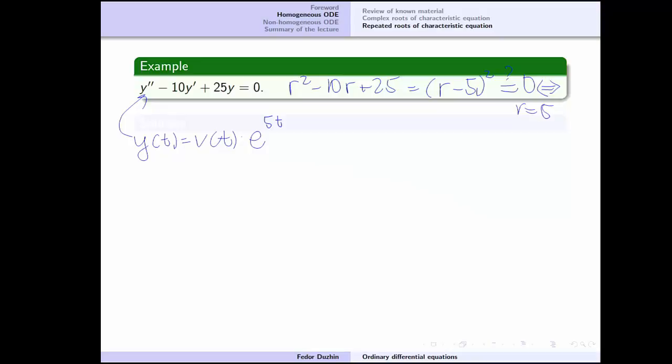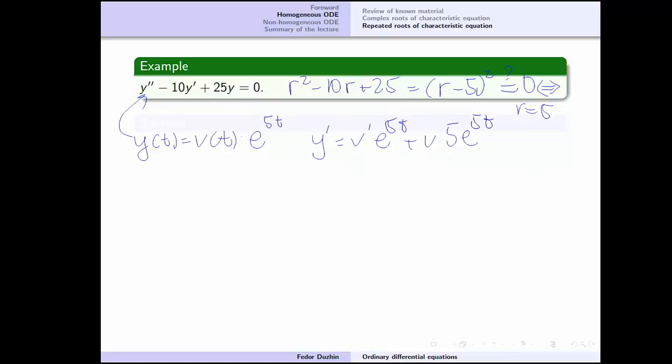Alright, so if y of t is v of t times e to the 5t, then y prime, I'm not going to write t anymore, by the product rule, is going to be v prime times e to the 5t plus v times the derivative of e to the 5t, which is 5 e to the 5t. Right, so this is y prime.